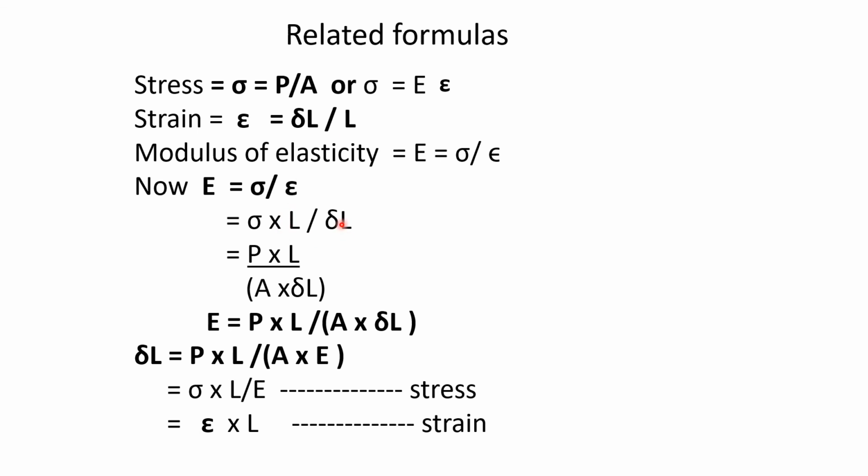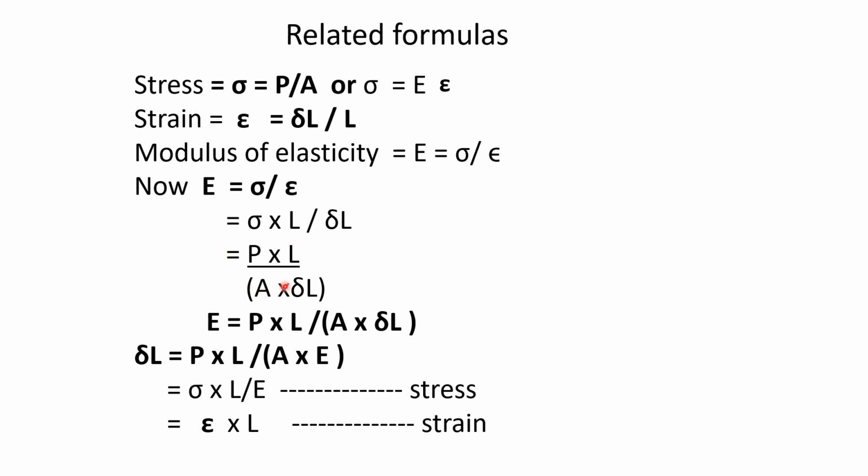Now if I substitute the value of stress as P upon A in this formula, then it will be P into L divided by A into delta L. So P upon A is stress and delta L upon L is strain.